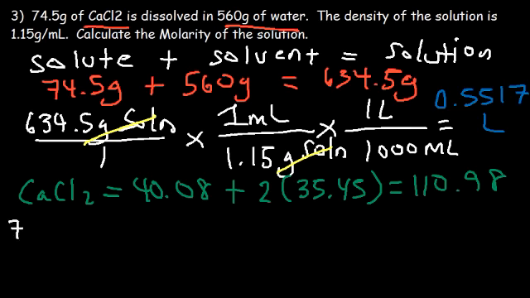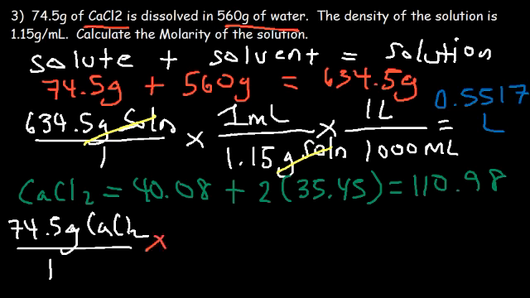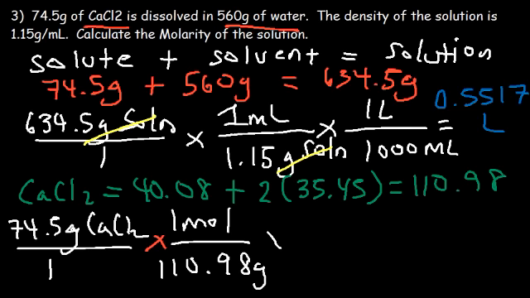So starting with 74.5 grams of solute, which is calcium chloride, we can convert that to moles using the molar mass. So 1 mole of calcium chloride has a mass of 110.98 grams. So the units grams cancel.